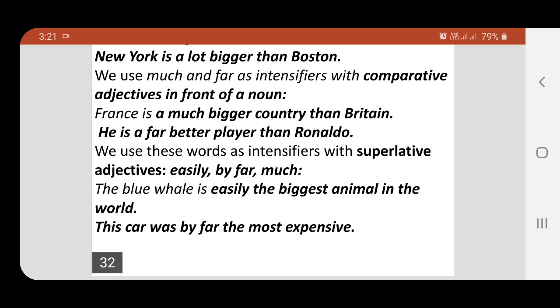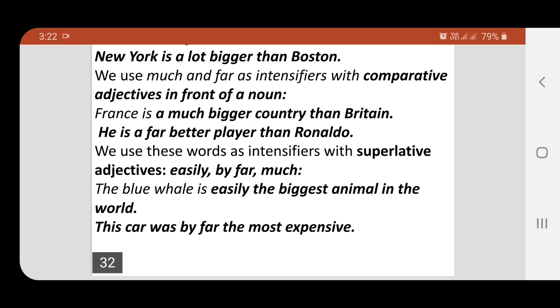So we use these words as intensifiers with superlative adjectives. The superlative intensifiers are easily, by far, much. The blue whale is easily the biggest animal in the world.